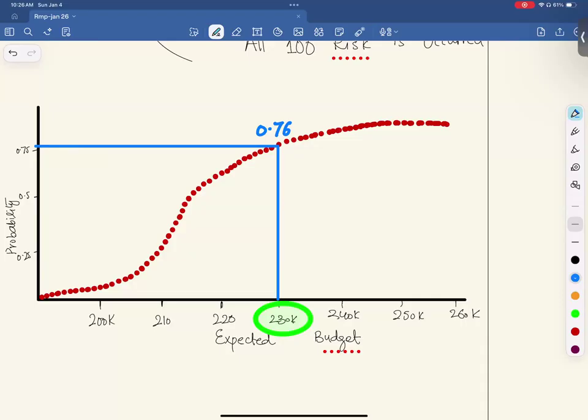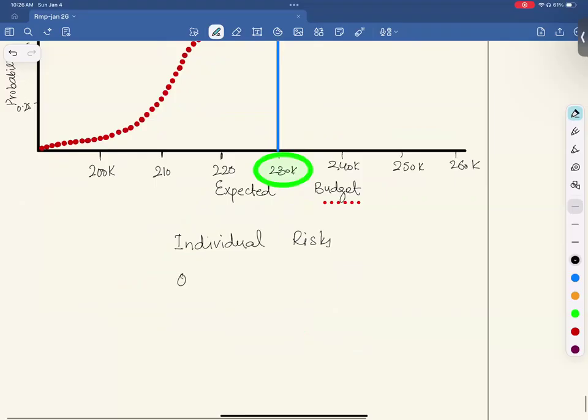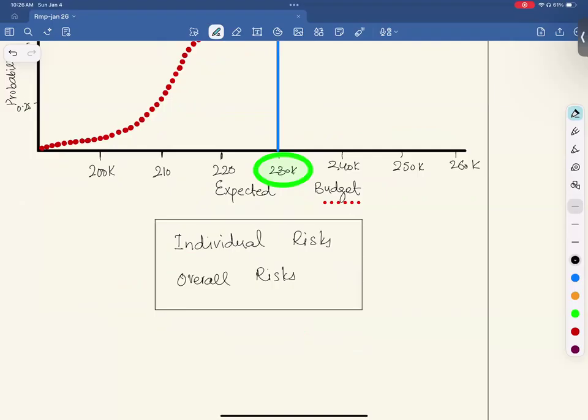That probability could be anything. It could be 30%, 40%, 60%, 90%. So it analyzes all the data of your individual risks that you have identified, all the quantitative data about overall project risk, and it analyzes millions of potential scenarios.